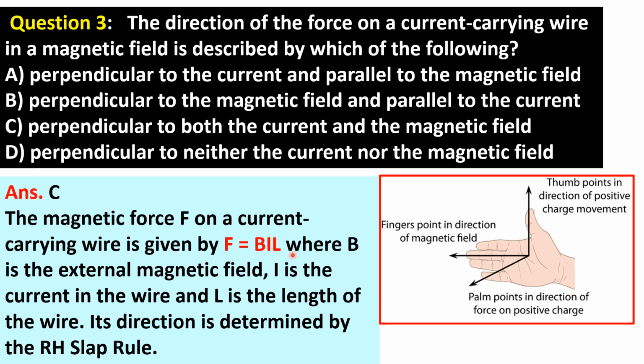Supposing the wire and the magnetic field are exactly parallel, that would mean that the angle between them is 180 degrees if they are exactly opposite, or 0 degrees if they are in the same direction, parallel as well as anti-parallel.